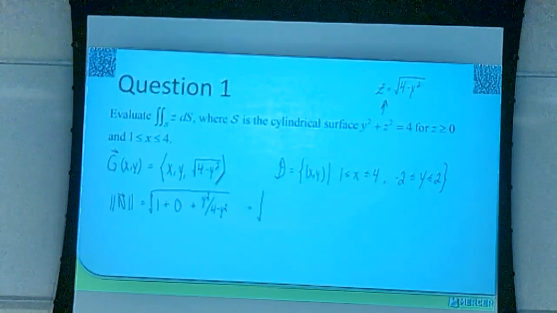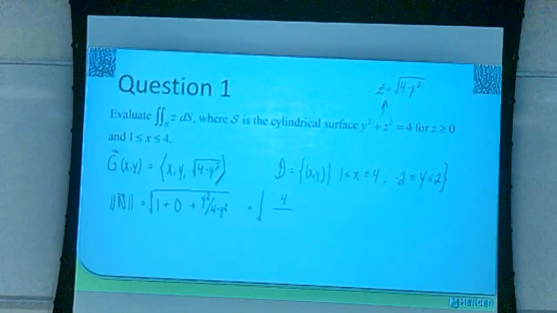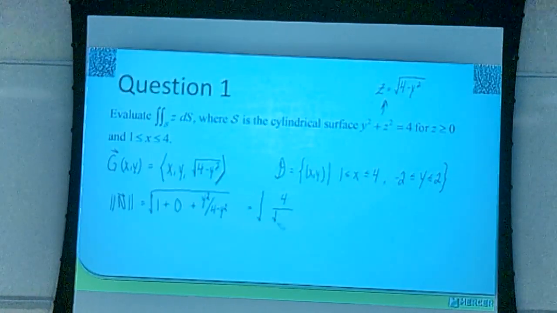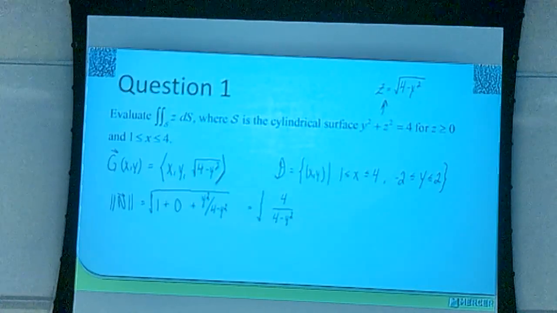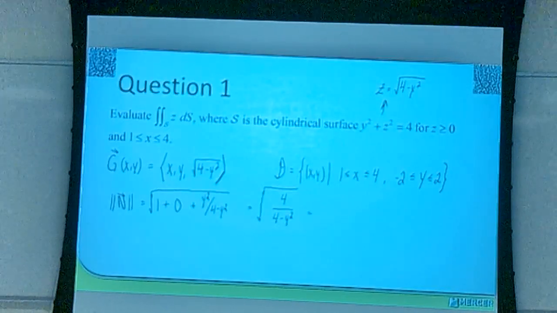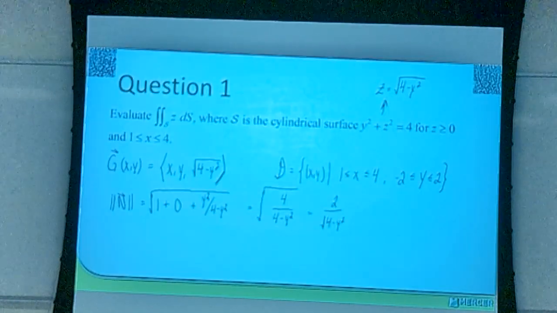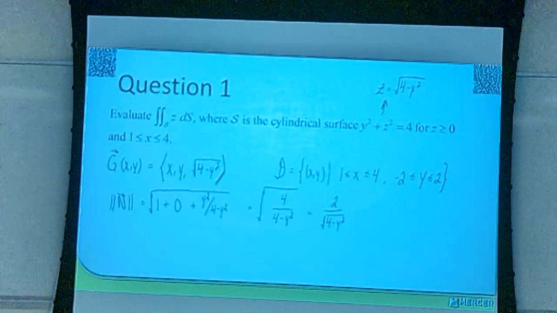It's going to be the square root of 4 over 4 minus y squared, right? Which is just simply 2 over the square root of 4 minus y squared.